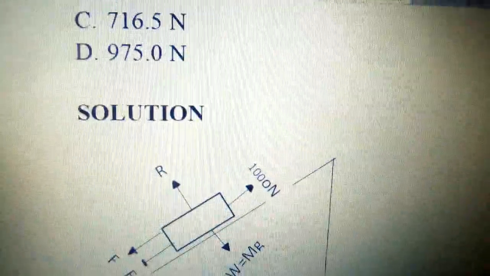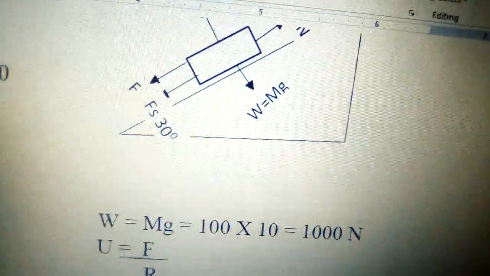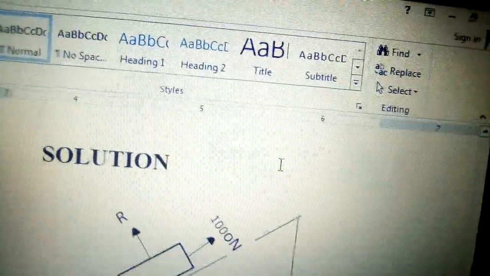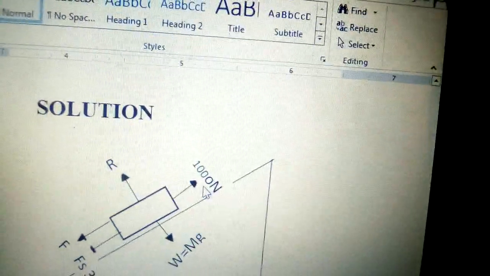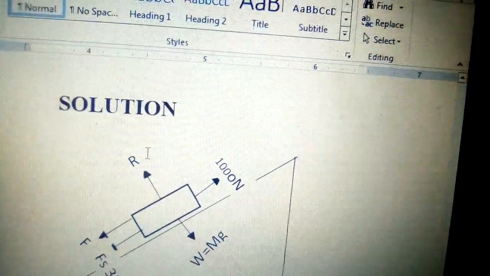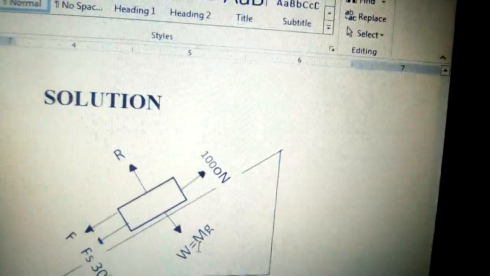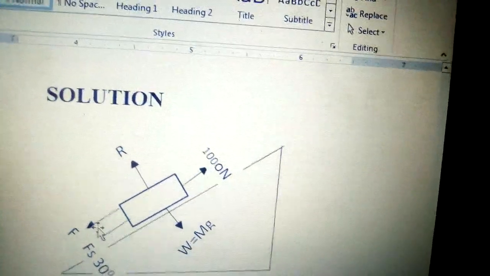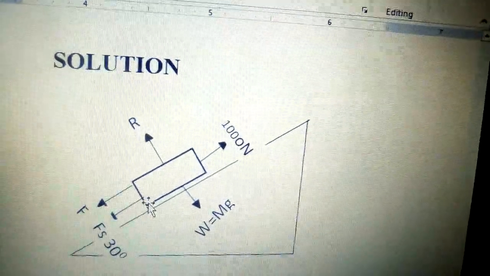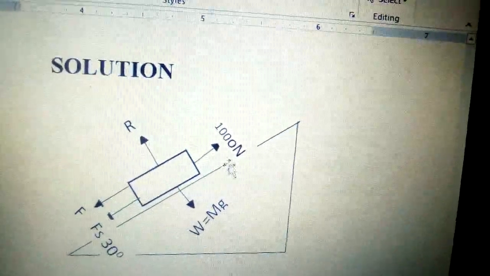How do we explain this? Look at the diagram showing the inclined plane. The 1000 Newton force is pulling it up the plane. The normal reaction acts up. The weight, which is mg, acts downwards. There are two forces, F and Fs, acting in the opposite direction to the force pulling it.